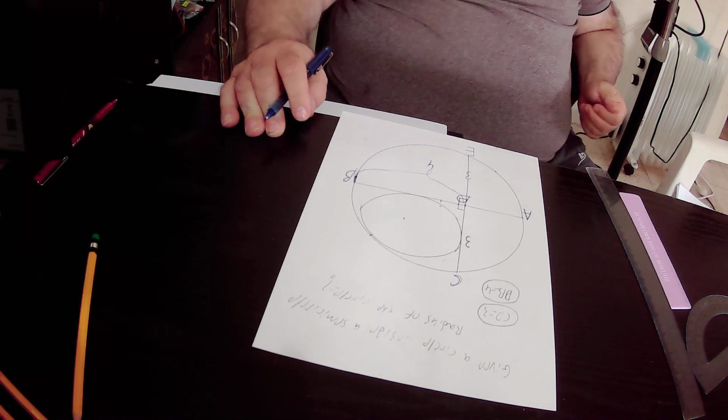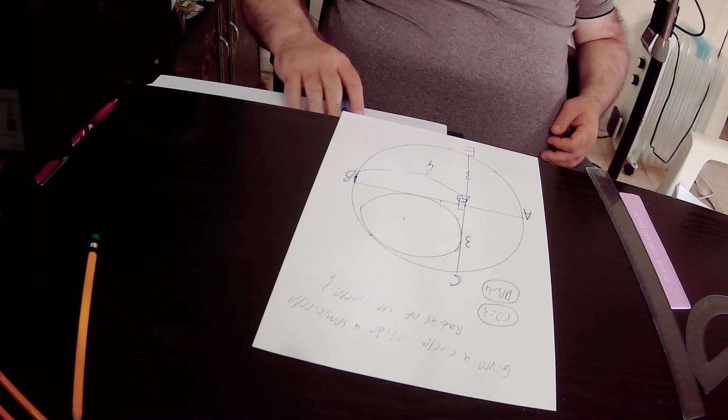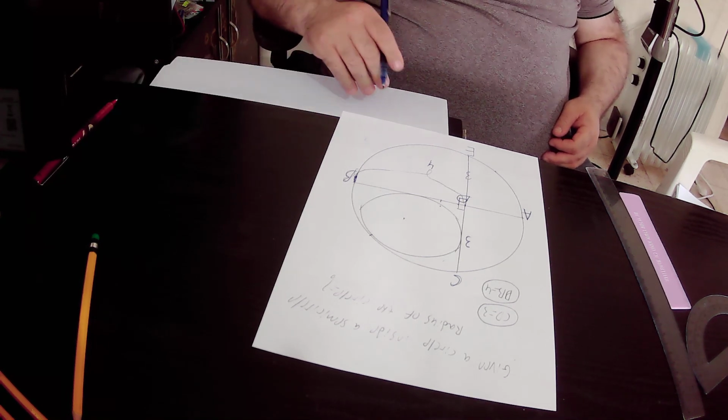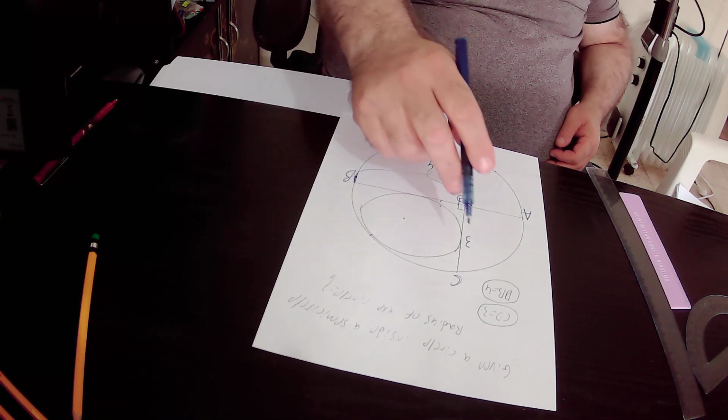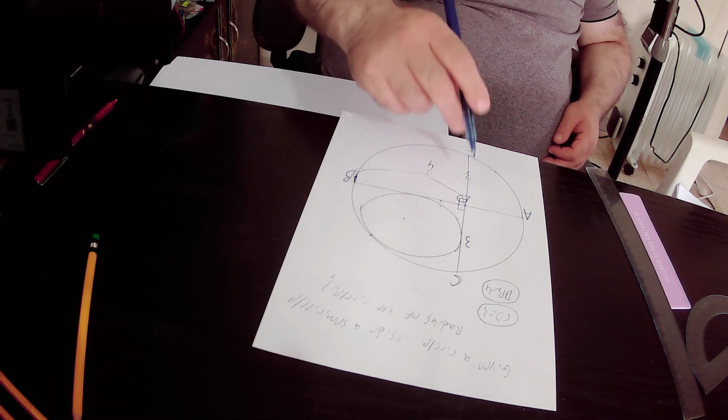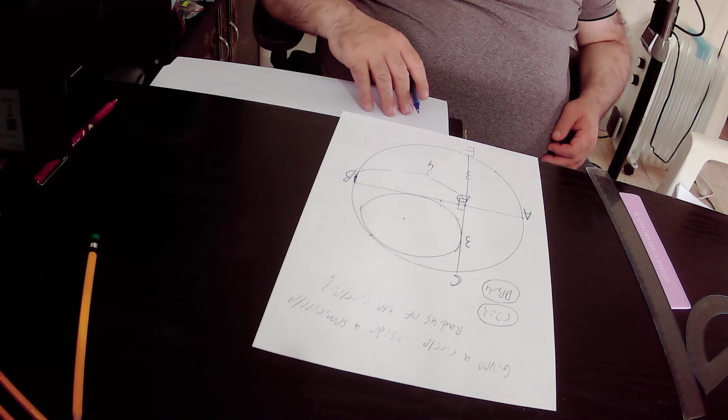Because in our drawing we have chord AB. This chord AB intersects with chord CE at point D. We'll write it down.